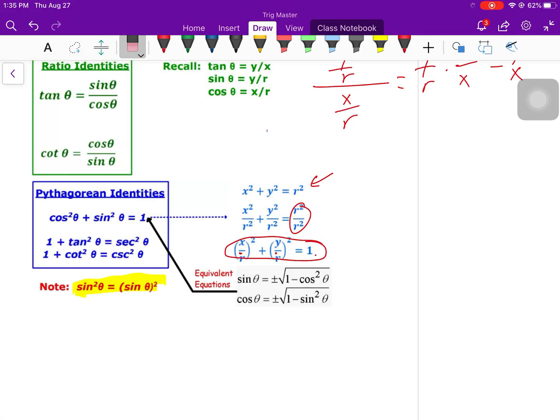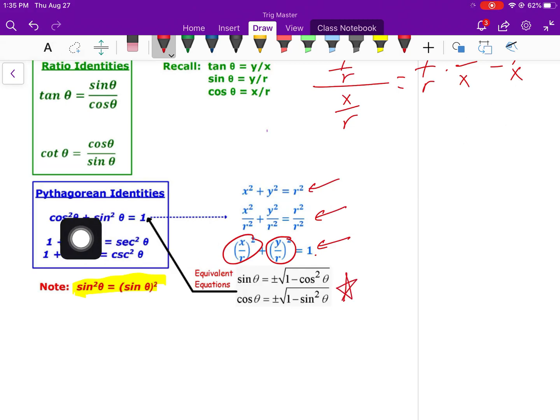That was kind of a jumbled explanation, but all it is, is a circle equation. Divide everything by r squared. You get this. That is our cosine squared. That is our sine squared. And 1 is just 1.